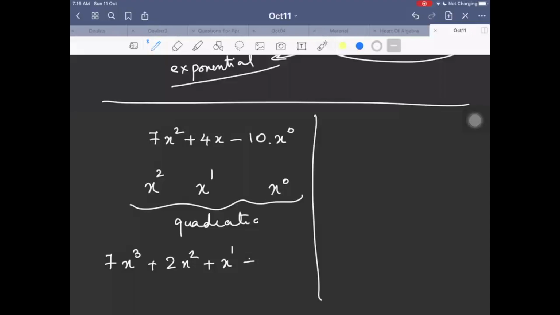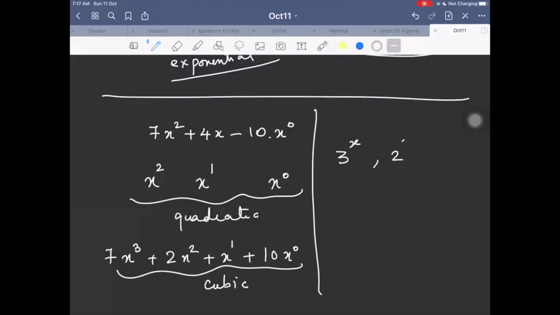Now, when you come to an expression of this form, you can see that x appears in the exponent. So what I'm saying is these are totally different expressions compared to these kinds of expressions.